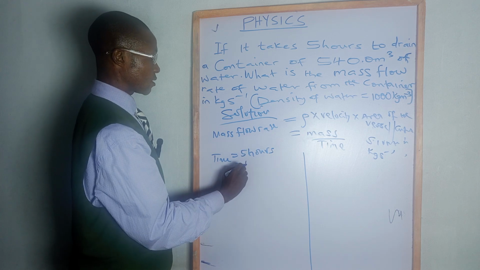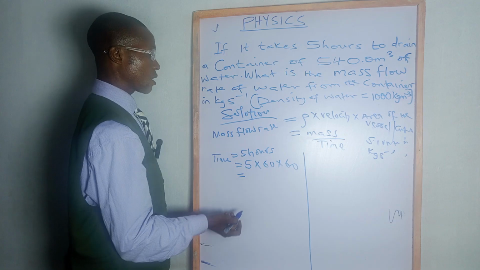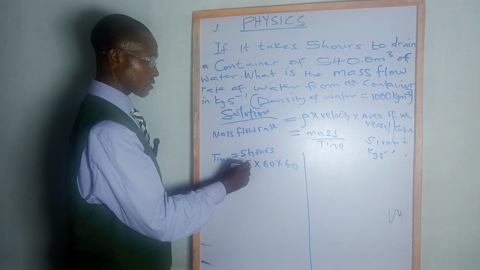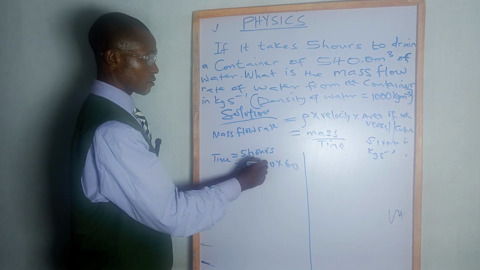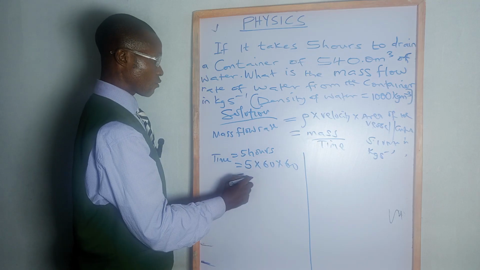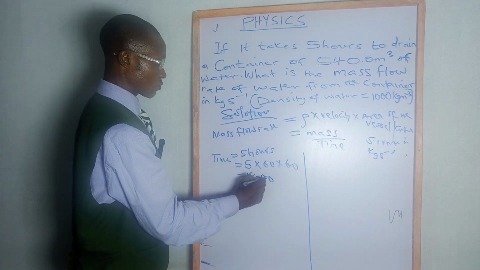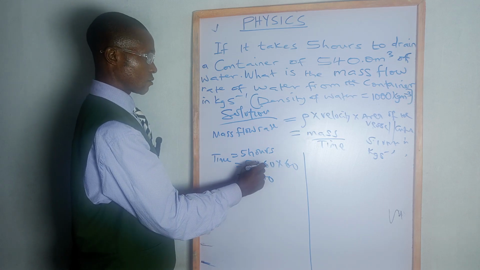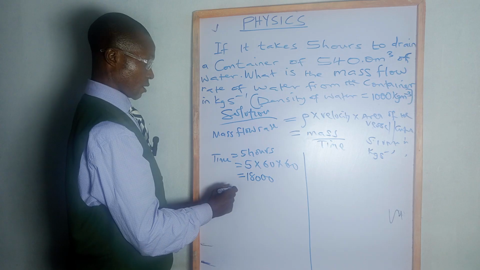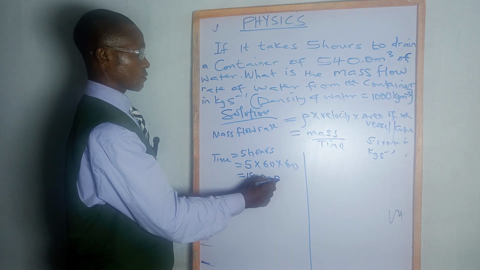So you convert that: 5 multiplied by 60 times 60. As a smart student, just pick the non-zero numbers, the 5, 6, and 6. 5 times 6 is 30. 30 multiplied by 6 will be 180. Then you add the two zeros, so that is 18,000 seconds.